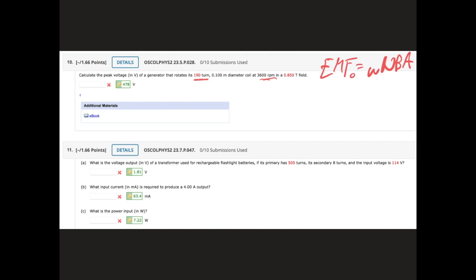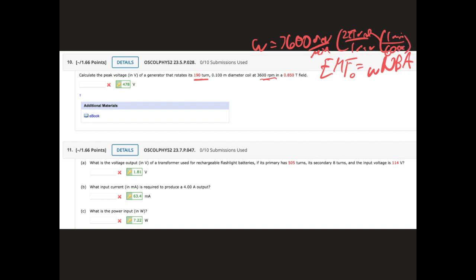So if omega equals 3,600 revolutions per minute, one revolution is equal to 2 pi radians, and 1 minute equals 60 seconds.